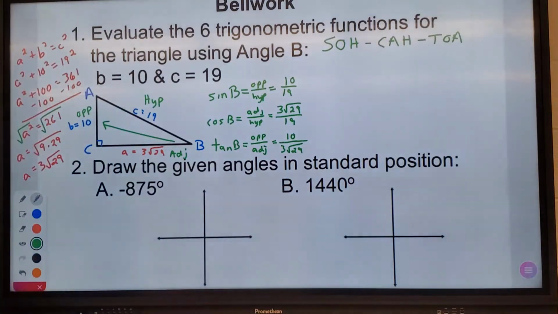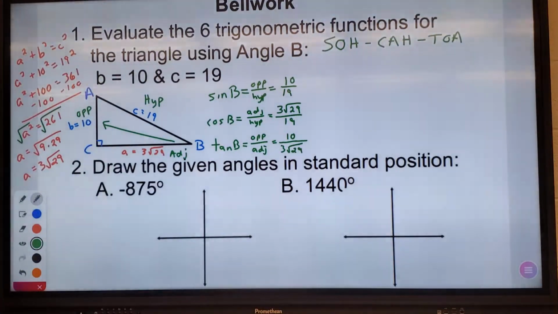Okay, so here we have a couple of things to look at. Can I reduce 10 over 3? Correct answer to that would be no. Can I have a square root in the denominator? Again, that answer is no. So in order to get rid of that square root, I need to rationalize.